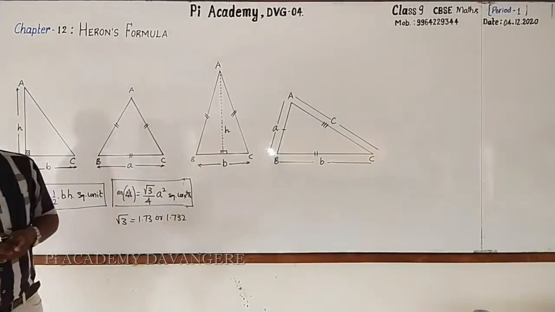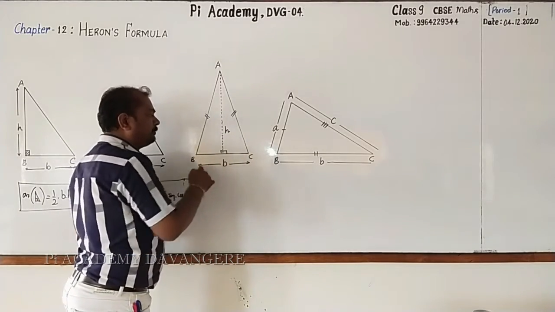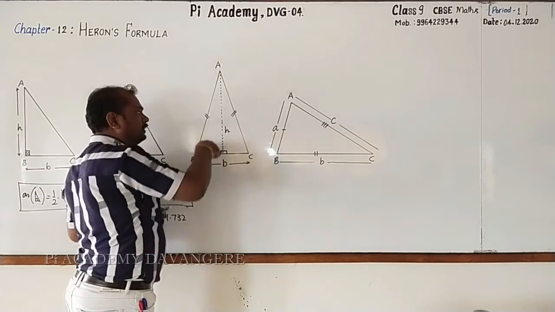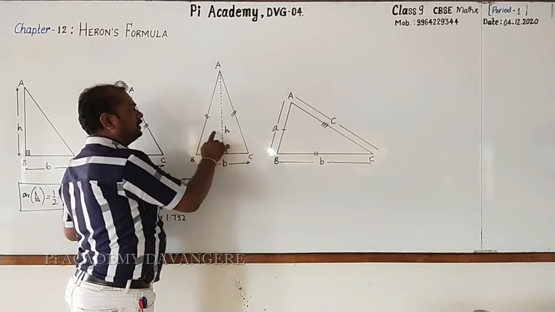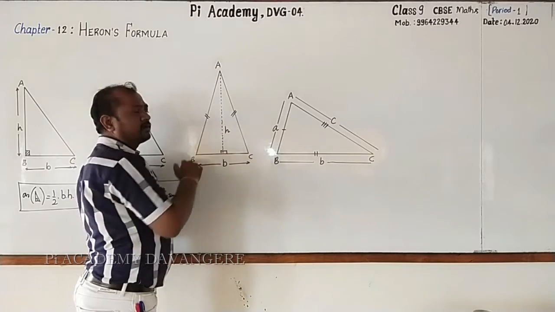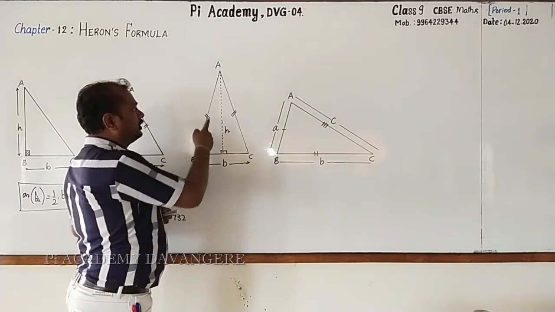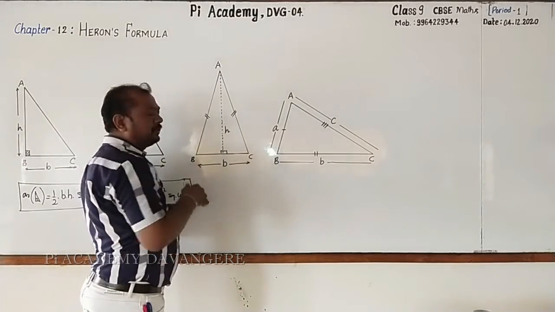Whereas the third one, look here, in an isosceles triangle, we know the base and even height is also known. Suppose even if height is not known and equal sides are known, you can find out area of the isosceles triangle by drawing the perpendicular.